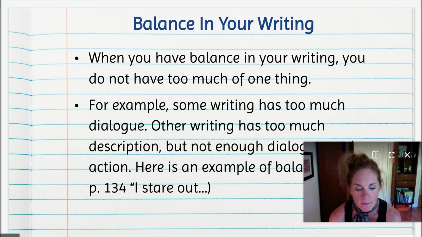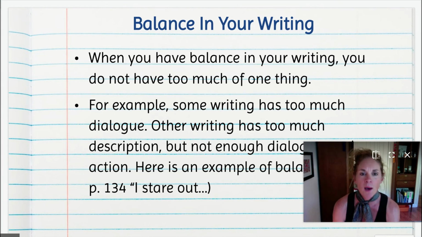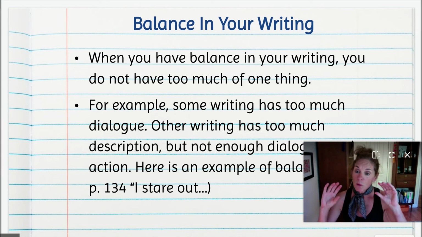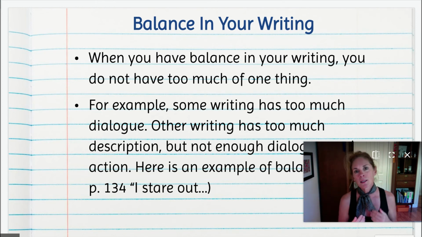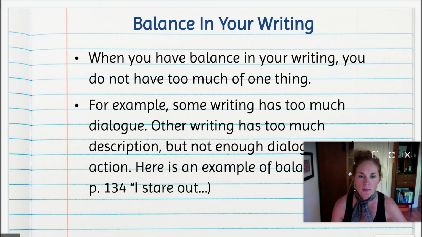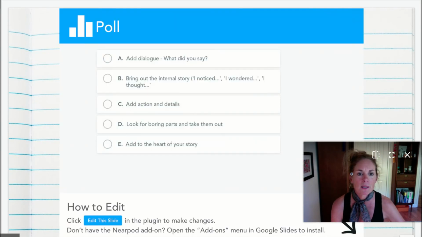Clouds rolling in, gray clouds bunched and bulging under a purple sky. A creeper of hope circles round my bones. Come on, rain, I whisper. Do you see how that author gave you a bunch of description and some dialogue that referred to what the description was about? So that's what I mean by balanced.